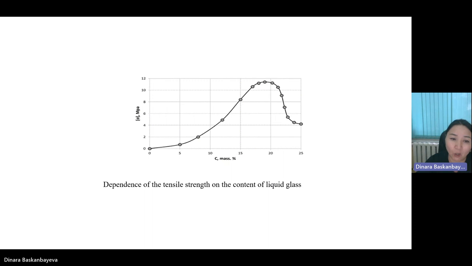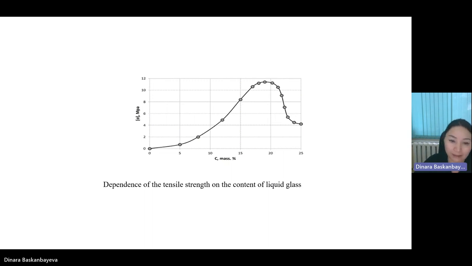You can see the dependence of the tensile strength on the contents of liquid glass. In addition, to achieve higher strength, first of all, it is necessary to achieve the most dense packing of sand grain, which, in addition to molding pressure, requires a certain grain size distribution and optimal viscosity of liquid glass.